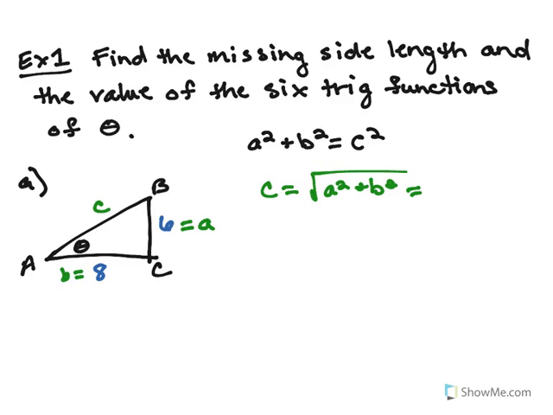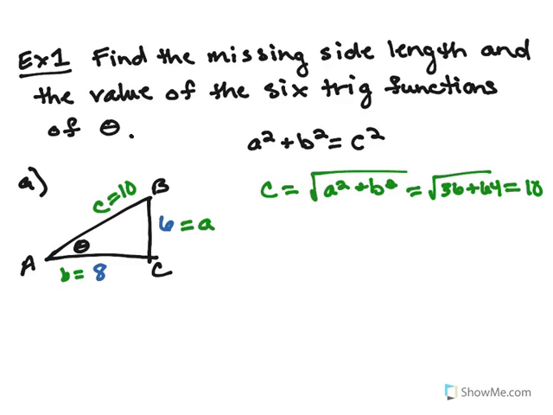So a squared would be 36, and b squared would be 64. And 36 plus 64 is 100. What's the square root of 100? It's 10. So my missing side length is 10.